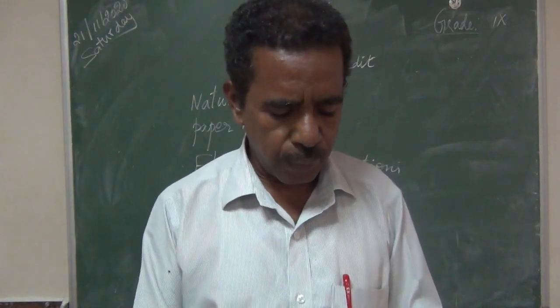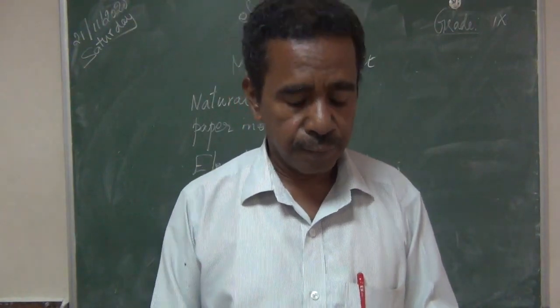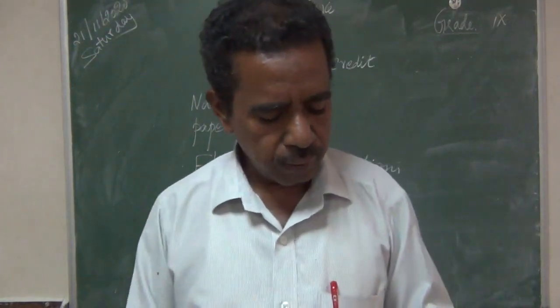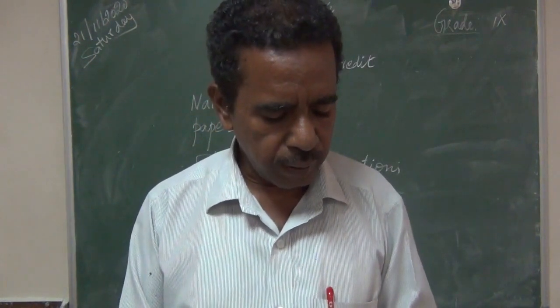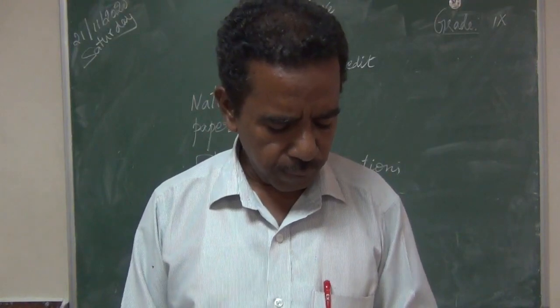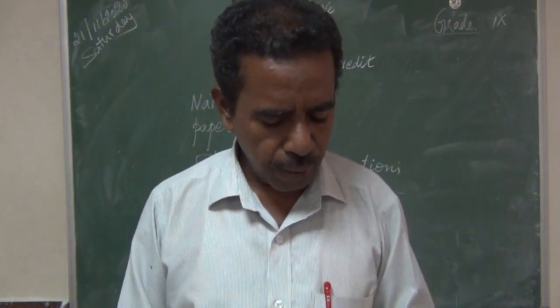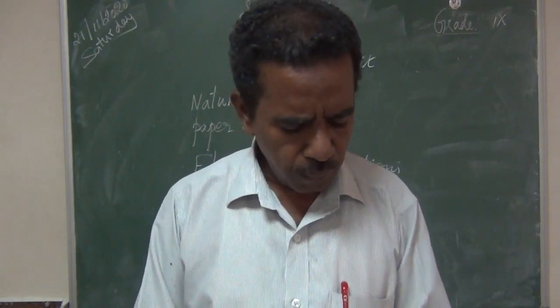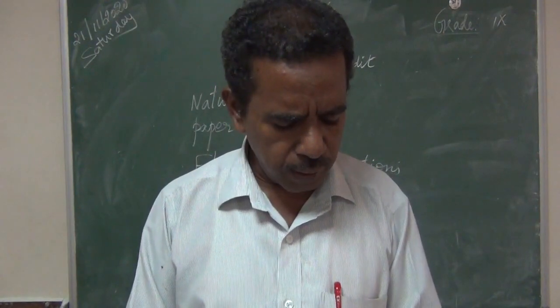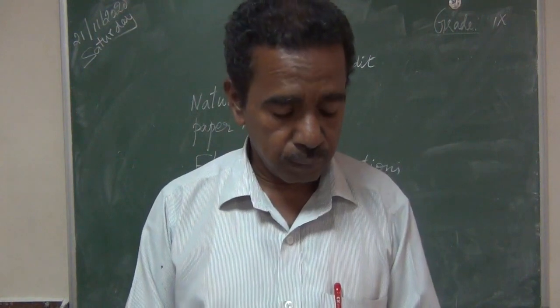The currency of Japan is yen. These are the four choose-the-correct-answer questions. Then fill in the blanks. First one, barter system can be considered as the first form of trade.